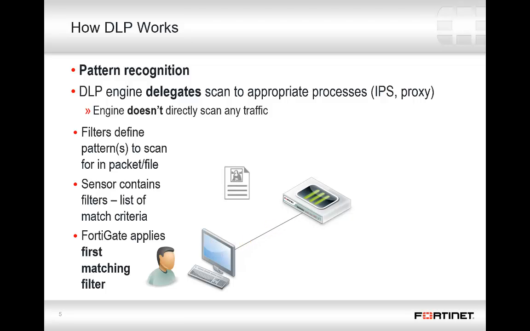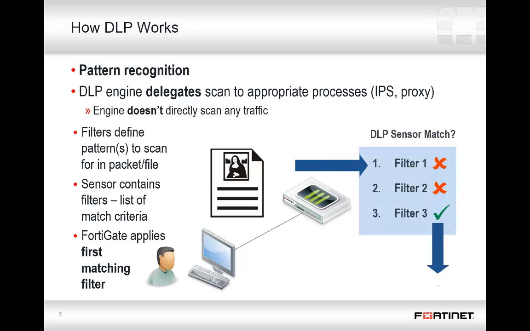So how does DLP work? FortiGate scans traffic matching your firewall policy for the DLP patterns that you specify. When you configure a pattern, whether predefined or custom, DLP doesn't directly inspect traffic itself. Instead, it communicates the patterns to the proxies or IPS engines processes which actually do the scanning.